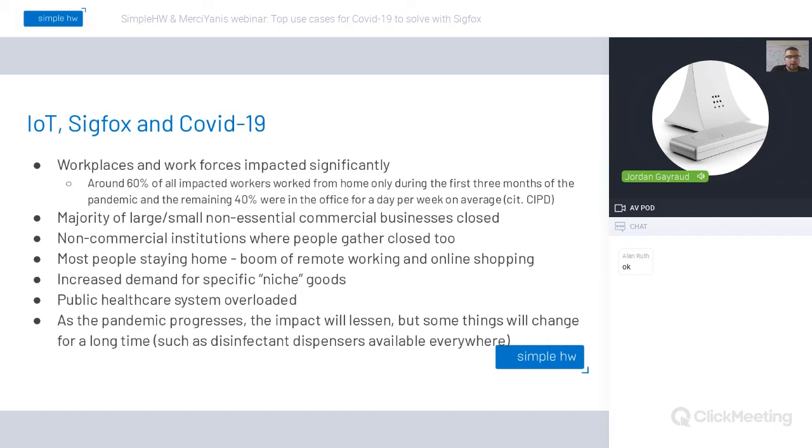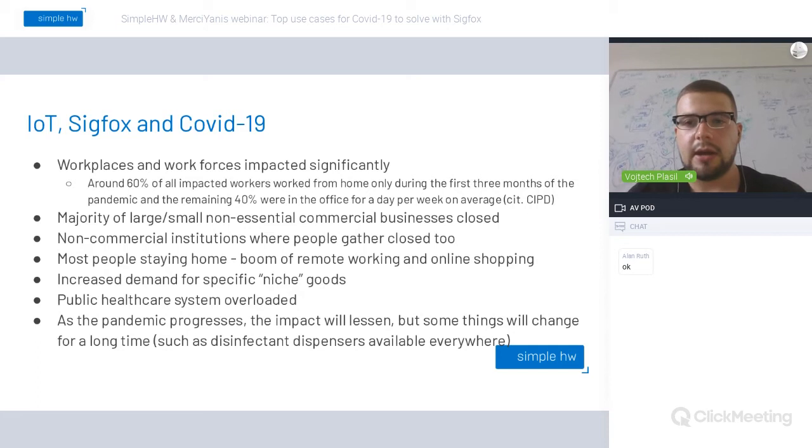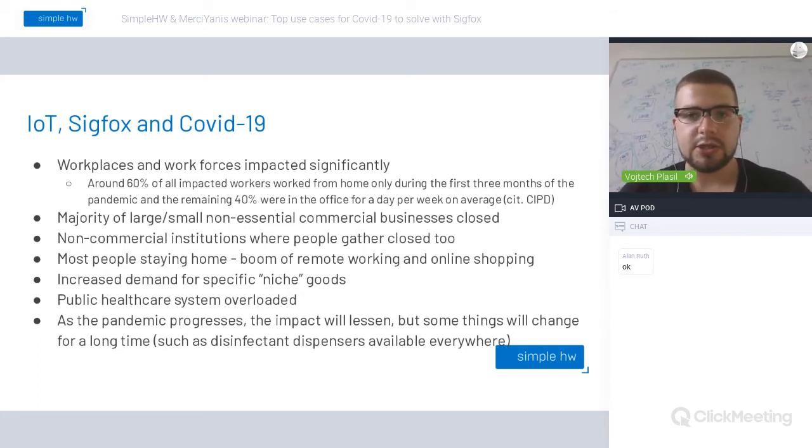Okay. What we've also seen, and this is probably the saddest part of the pandemic, is the public healthcare system being overloaded in a lot of places, especially in Europe, in Italy, in America, in New York City. Of course, Asia, China got hit the hardest, as it is and was the starting place of the pandemic. And we have a few use cases dedicated to that as well.